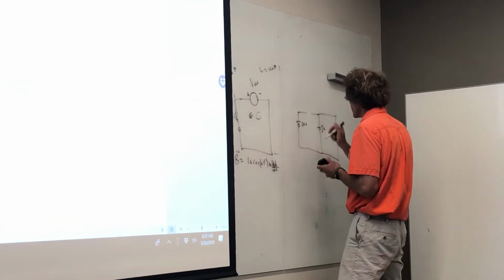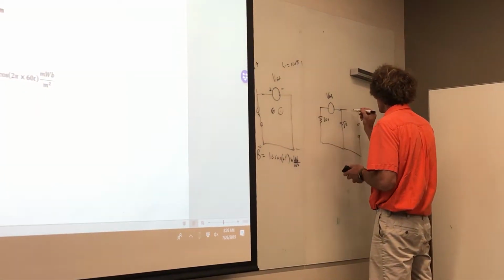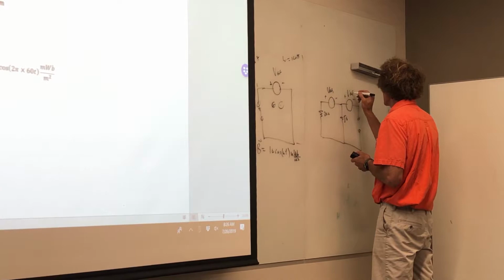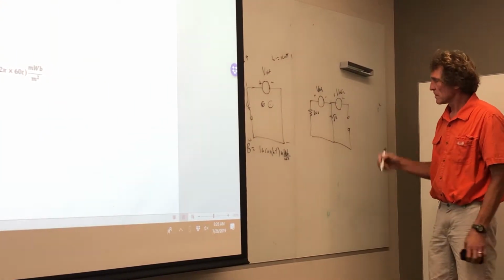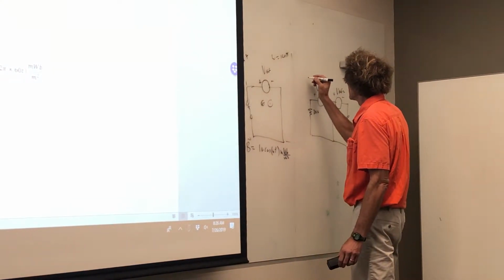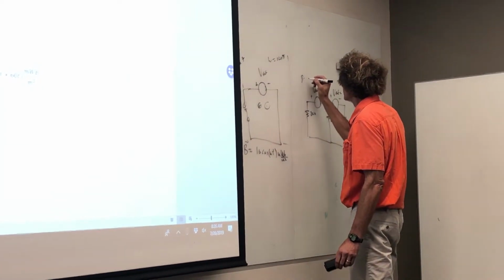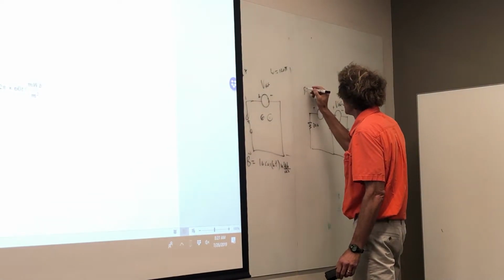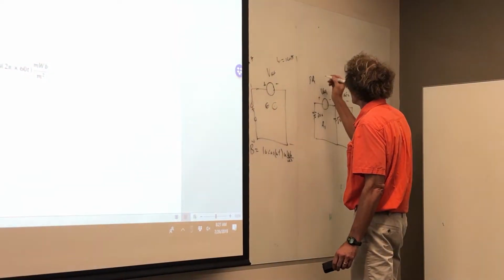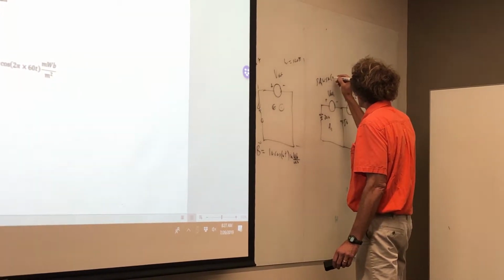I put in my pseudo source this way, call this VEMF1, and I put in my pseudo source this way. They'll have the same sense to them, right? VEMF2. And VEMF1 right here is going to be equal to, in terms of magnitude, the B field times the area of that, A1, times omega times the sine of omega t.